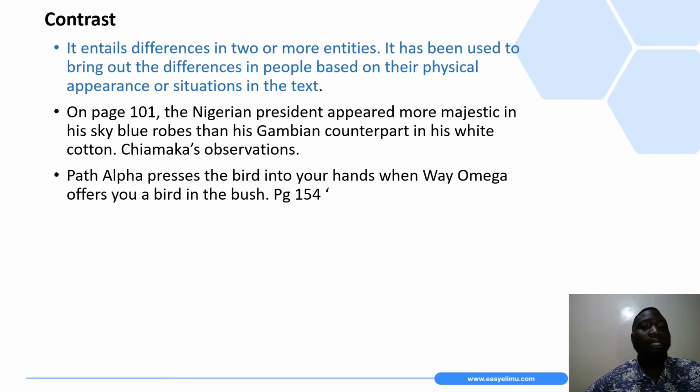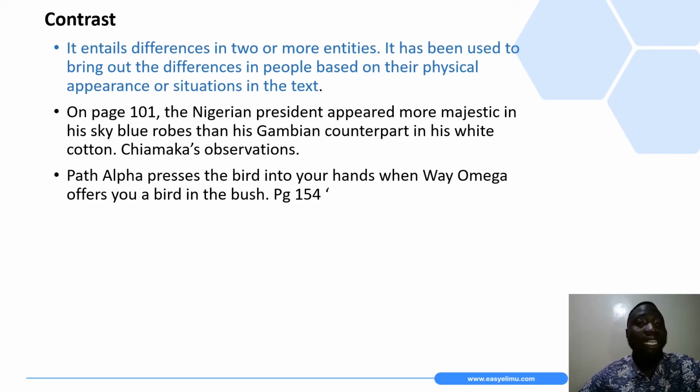So some of the areas where this technique or this style has been used, dear students, we have that on page 101. The Nigerian president appeared more majestic in his sky blue robes than his Gambian counterpart in his white cotton. That was Chiamaka's observation. So you can see how that difference is being brought out. So they are wearing different clothes, which is bringing some contrast.